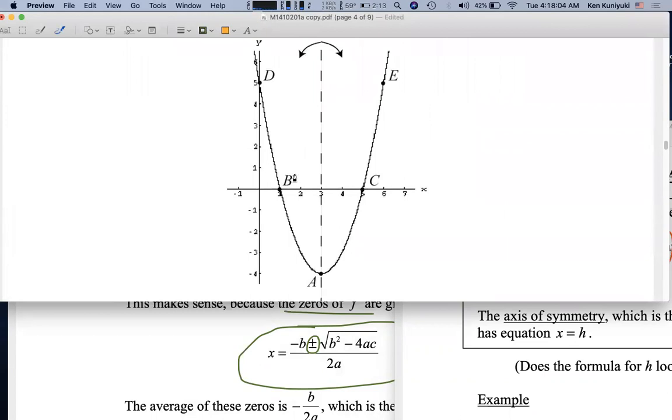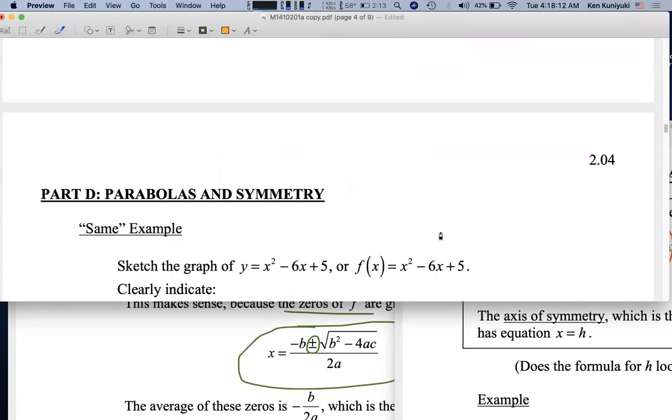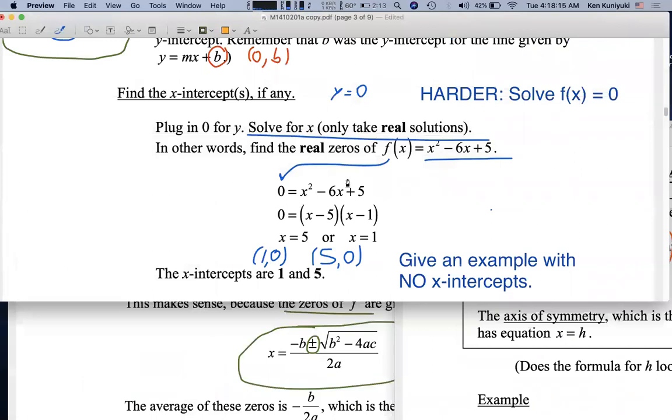Now, when we found the 2 x-intercepts, what did we do? We set the function rule equal to 0. We did that up here. Now, up here we used factoring, but another way we could have done it is to use the QF, the quadratic formula. We could have used the QF to solve this equation for x, and we would have gotten x equals 5 and also x equals 1.